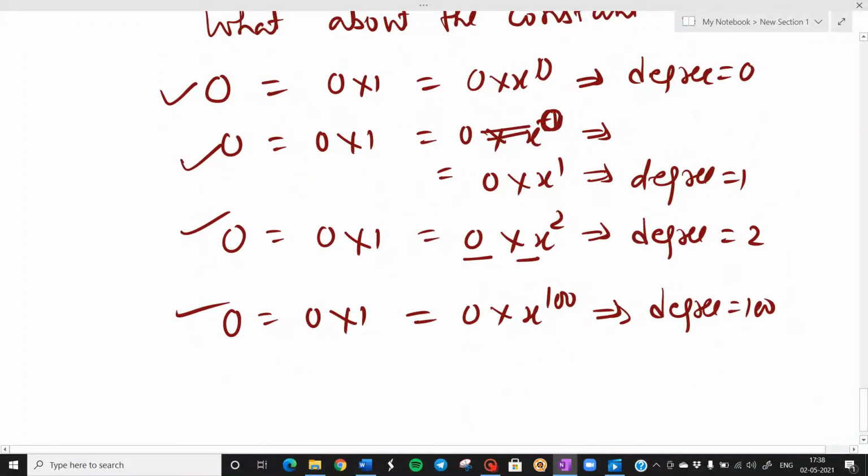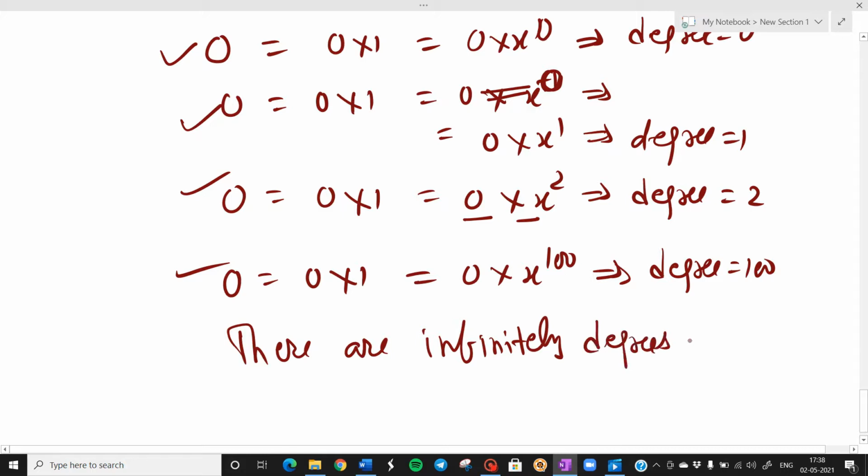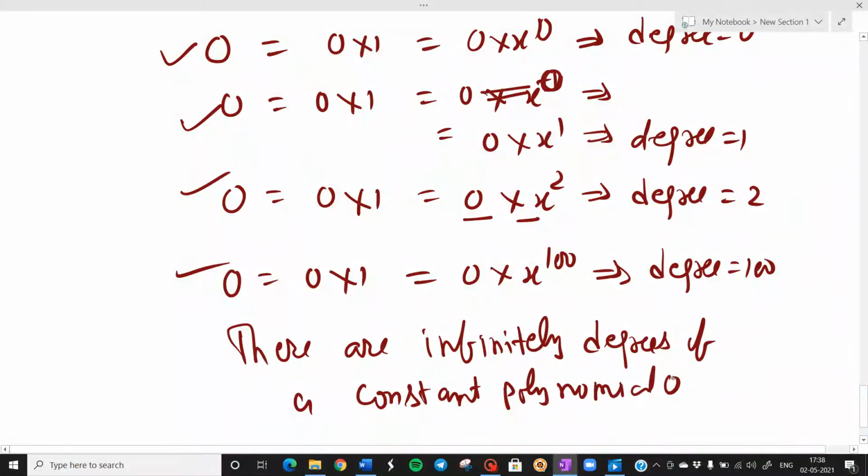जीरो की कुछ भी डिग्री हो सकती है, तो हम कहेंगे there are infinitely many degrees of a constant polynomial zero.